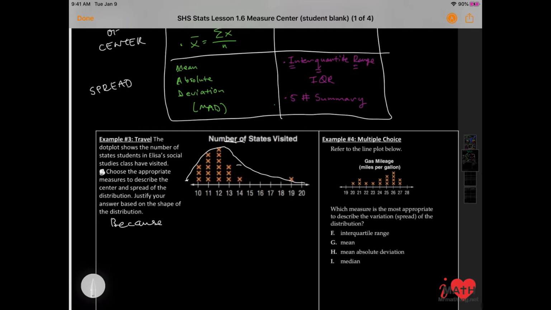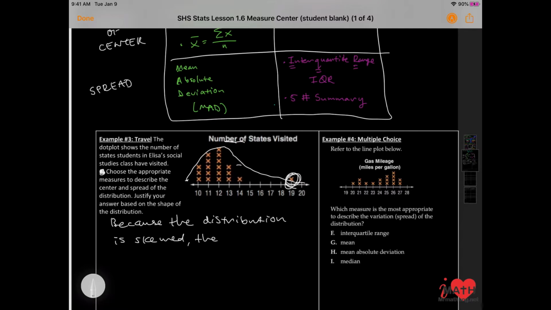Because, okay, so the graph, what's the better word for graph? The distribution, that's the picture above, is skewed. How do you know another way it's skewed? You have the outlier. Okay, now use the words that are in there.